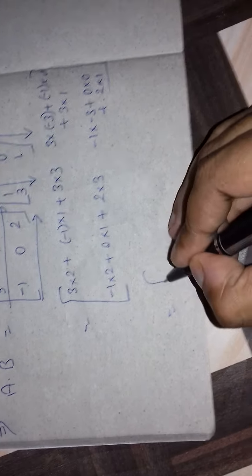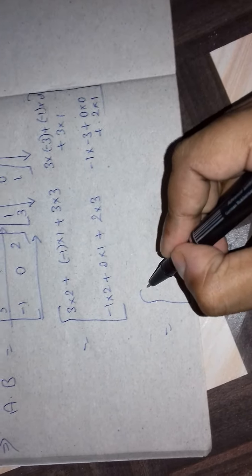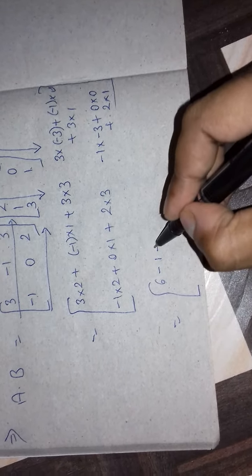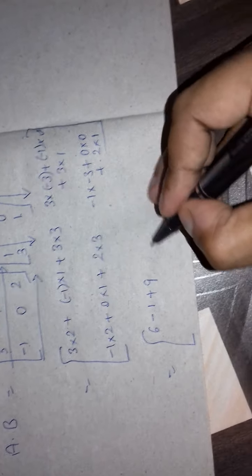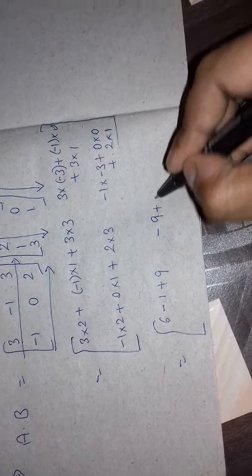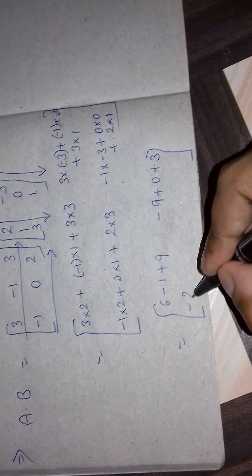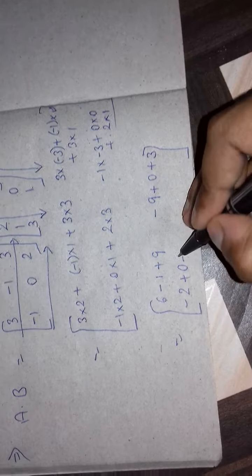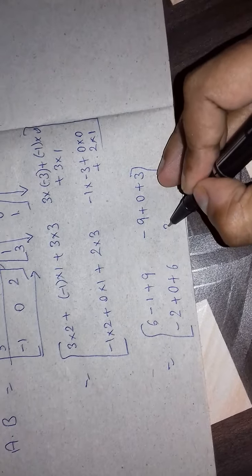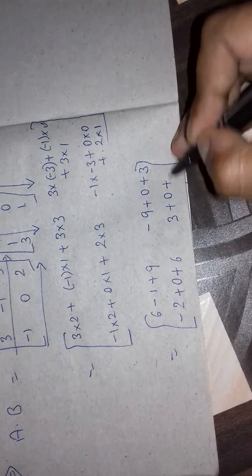So now we will get it as 3 into 2 is 6 minus 1 plus 9. Here it is minus 9 plus 0 plus 3. Here it is minus 2 plus 0 plus 6. Here it is 3 plus 0 plus 2.